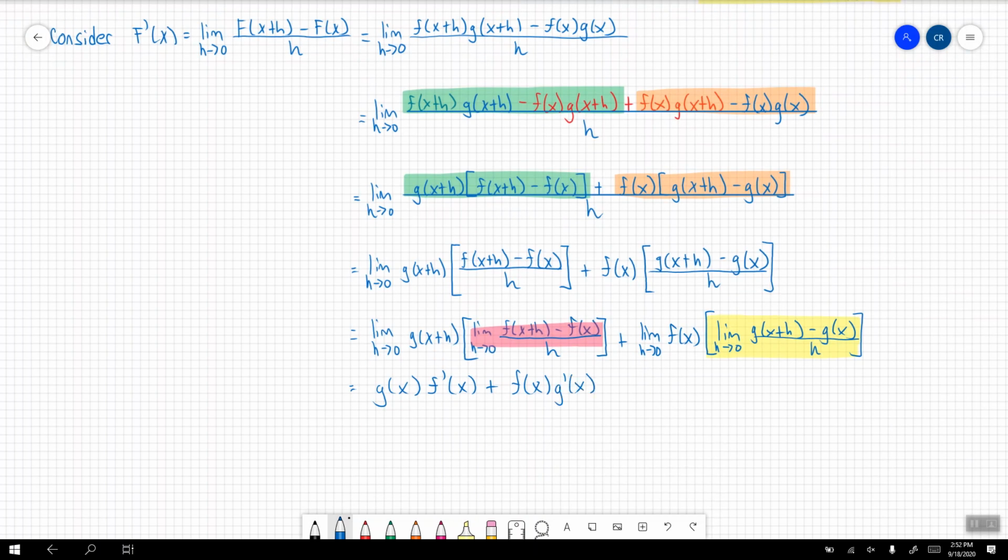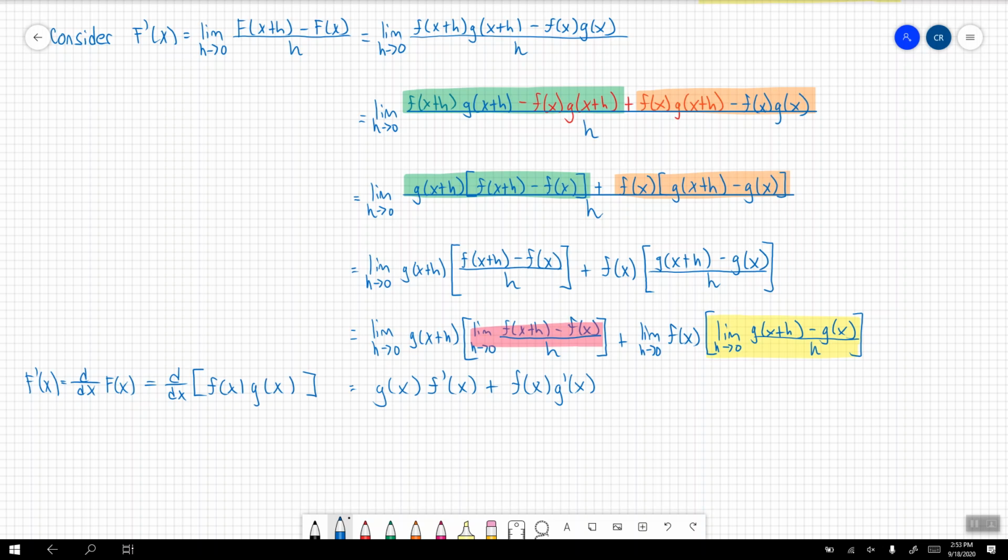And on the left-hand side, we had initially taken the derivative of this function capital F of x, because that was my F prime of x. That derivative is really just the derivative of f of x times g of x.